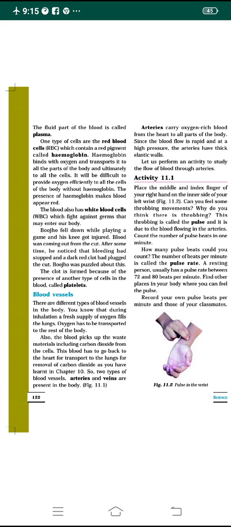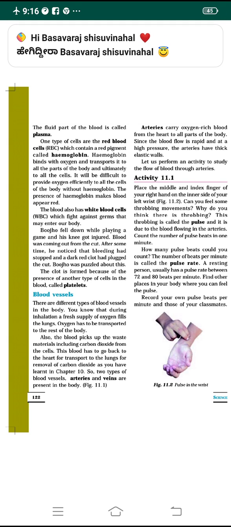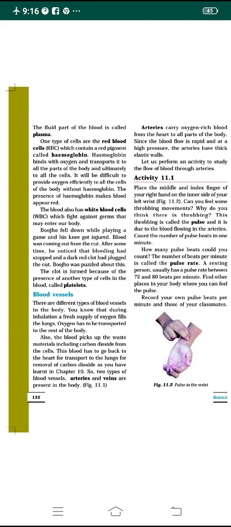Am I clear? Yes. It will be very difficult to provide oxygen efficiently to all the cells of the body without hemoglobin. Keep it in mind, all of you, my dear students. Why? Because hemoglobin binds the oxygen, so it carries it to each and every cell of the body.